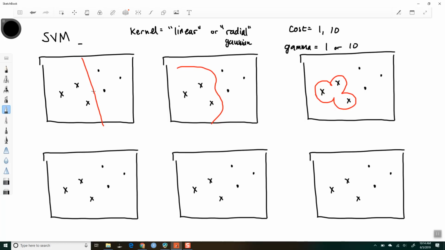I probably should have added, maybe I'll just put a point over here. Where am I putting this? Right here, okay. So I'm going to add this point here. And then in some cases you'll get something that goes like that, and then something like this.